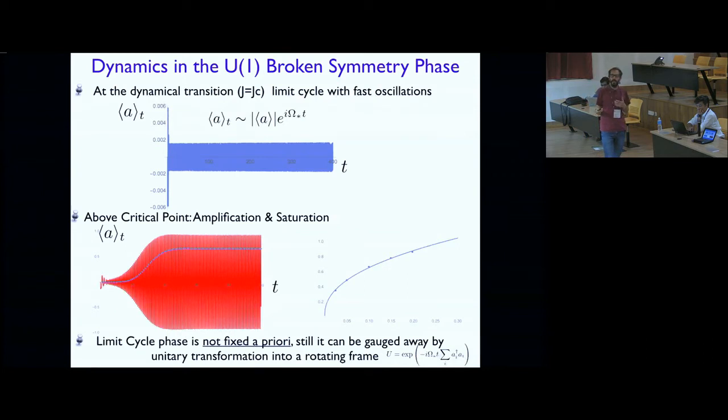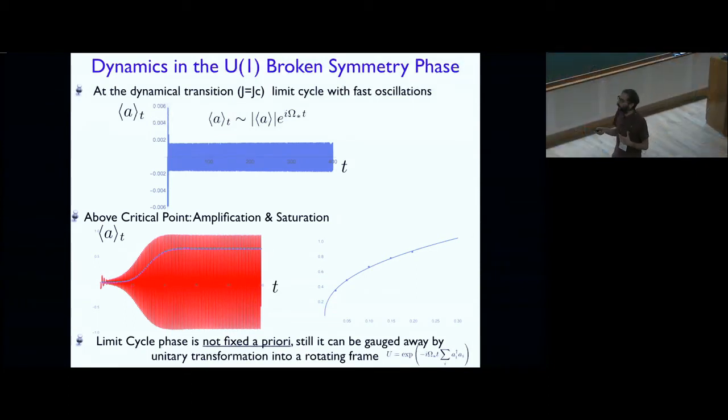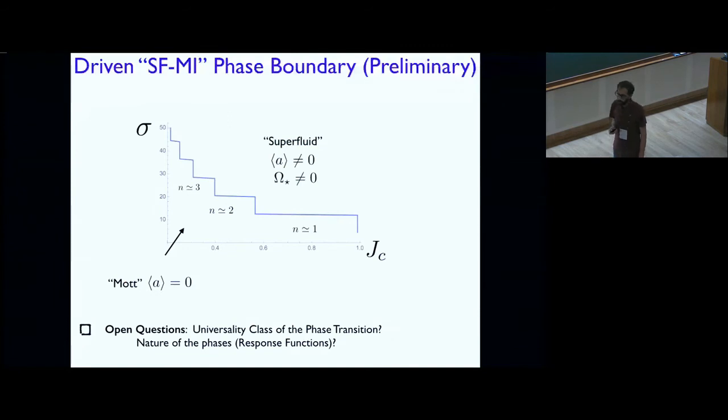That's something we checked, and you can do that: you can go into a frame in which the problem becomes stationary. This suggests that there might be a description of this dynamical transition purely in the time domain, as a stationary state, finite frequency phase transition. That's what I would like to tell you in the rest of the talk.